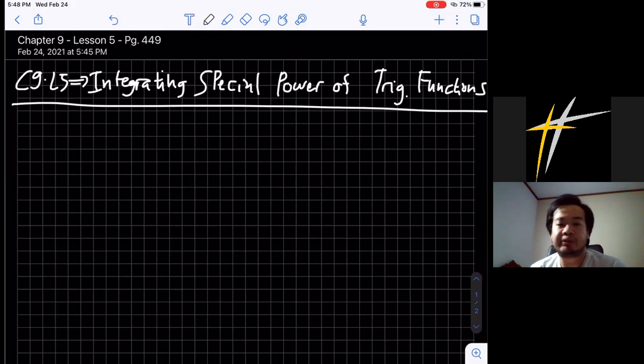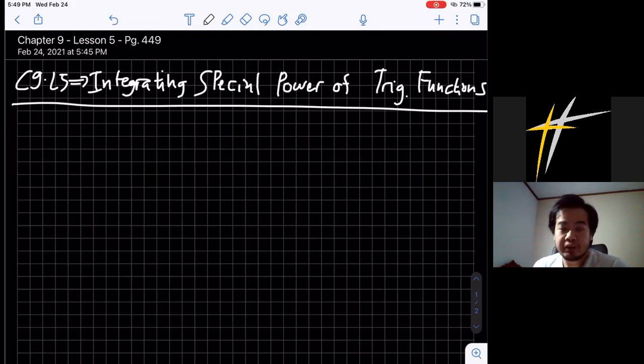For example, sine square x or cosine cube x or secant power 5x or even a combination of them like secant square x tangent power of 3x or sine power 5x cosine square x. All of those kinds of problems with the special power of trigonometric functions and the product of them can be solved with this method.